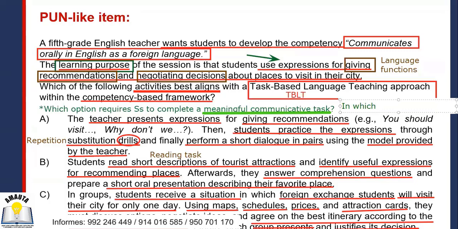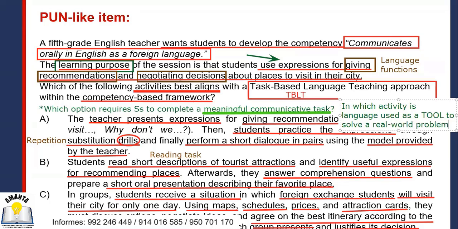In which activity is English used as a tool to solve a real world problem or a scenario, right?